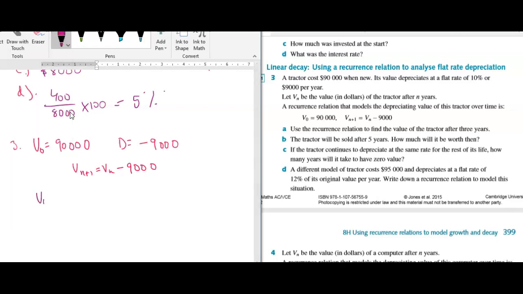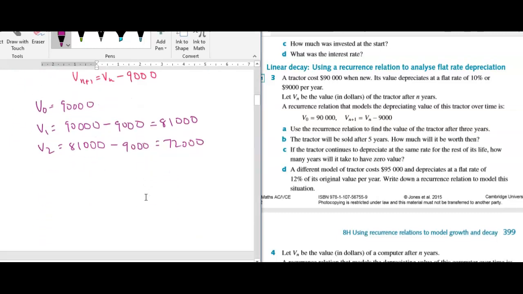So we've got V0, 90,000. V1, previous value, minus 9,000, equals 81,000. V2, 81,000 minus 9,000 equals 72,000.